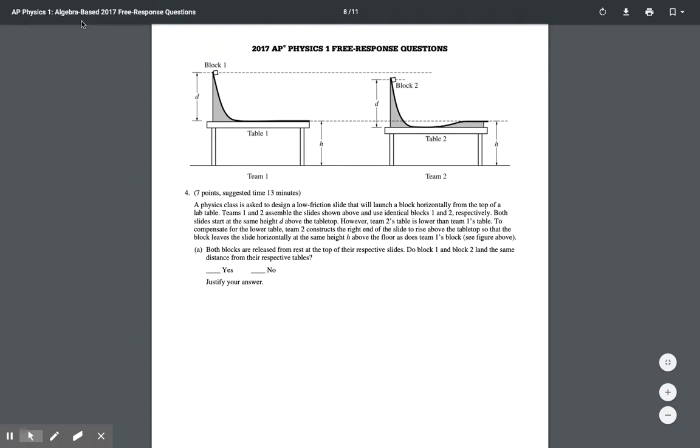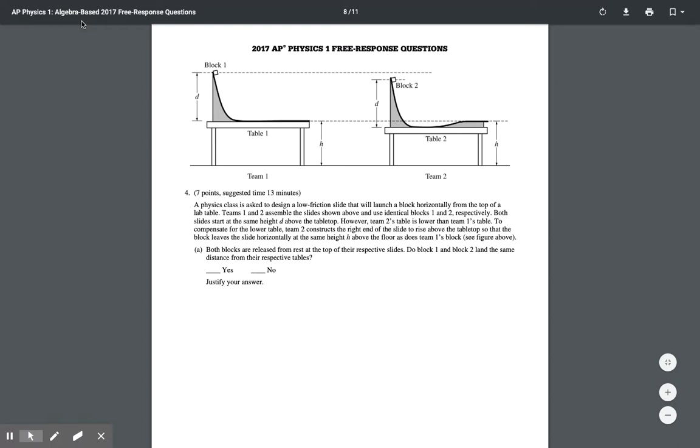The physics class is asked to design a low-friction slide that will launch a block horizontally from the top of the lab table. Teams 1 and 2 assemble the slide shown above and use identical blocks 1 and 2 respectively. Both slides start at the same height D above the tabletop. However, Team 2's table is lower than Team 1's table.